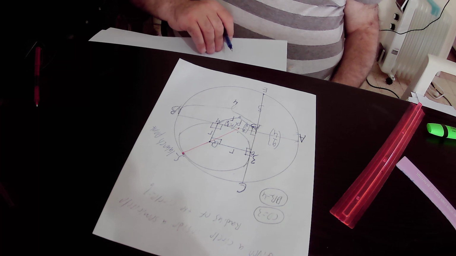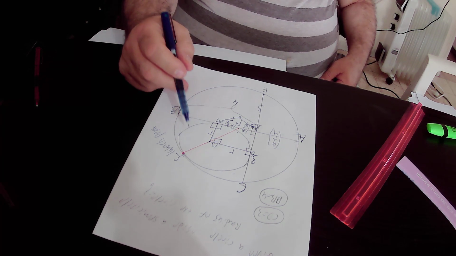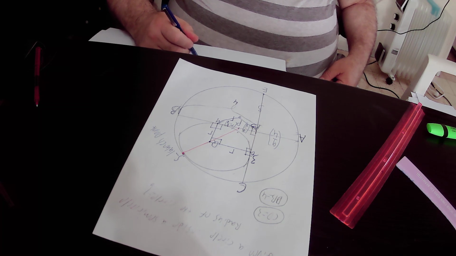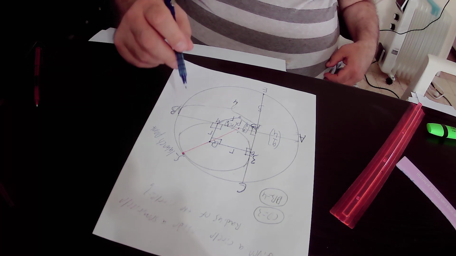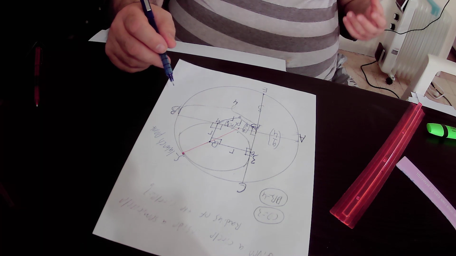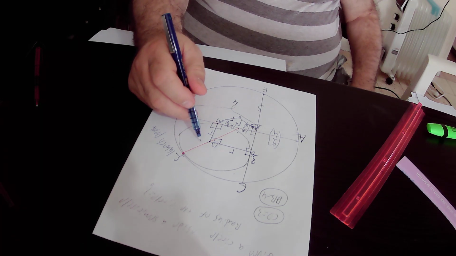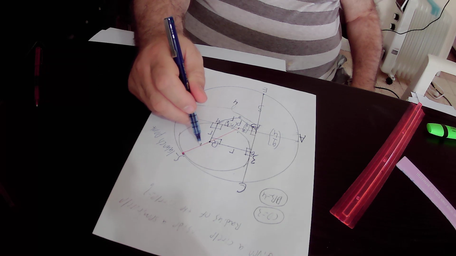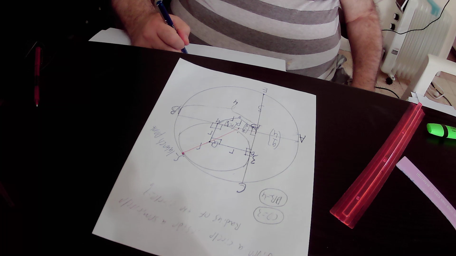And what is the length of line segment QS? Q is the center of the small circle. S is a point on the small circle itself. This is exactly the definition of a radius. That is to say, QS is the radius of the small circle, equal to small r. Okay, QS equals small r.